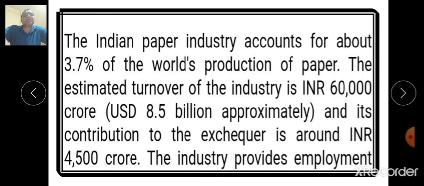The estimated turnover of the industry is INR 60,000 crores, that is 8.5 billion US dollars approximately, and its contribution to the exchequer is around INR 4,500 crores. The industry provides employment.